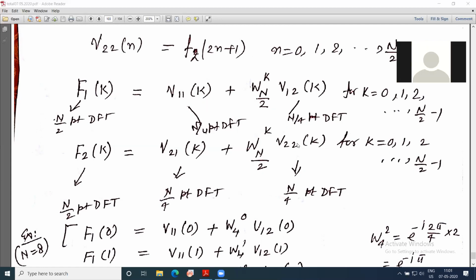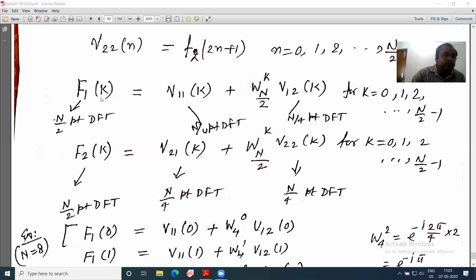I repeat, v11 of k, v12 of k, v21 of k, v22 of k, they are all N by 4, that is 2 point DFT. Now these 2 point DFT I have combined.